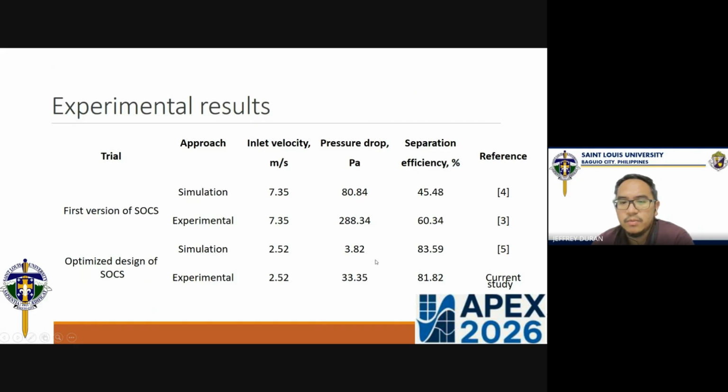However, we still need to work around the tenfold difference of the pressure drop. Nevertheless, we were able to define and to validate our results in the separation efficiency section.